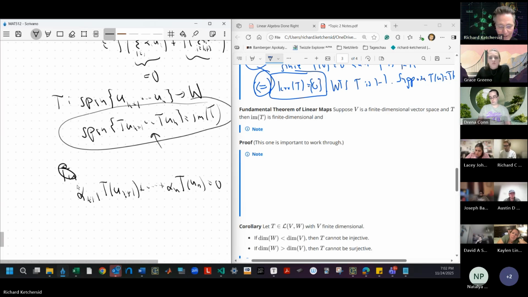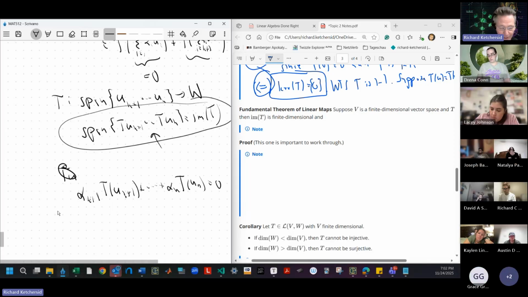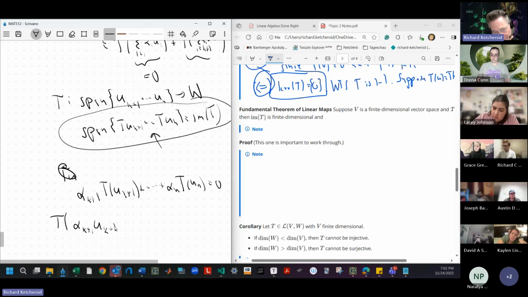I need to show that alpha_{k+1} to alpha_n are 0. I can factor out that T, and I get T of alpha_{k+1} u_{k+1} plus dot dot dot plus alpha_n u_n is equal to 0.